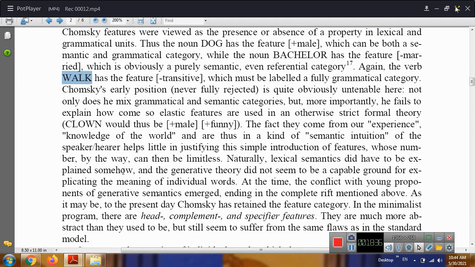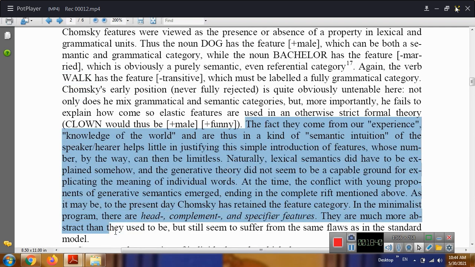The fact that they come from our experience and knowledge of the world, and are thus a kind of semantic intuition of the speaker and hearer, helps later in justifying this simple introduction of features, whose number, by the way, can then be limitless.